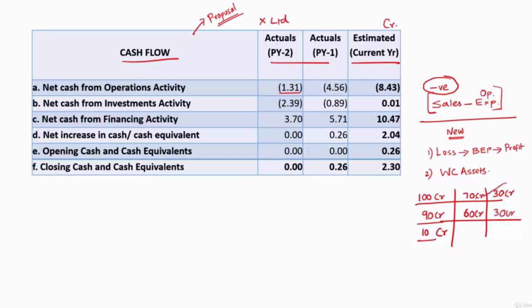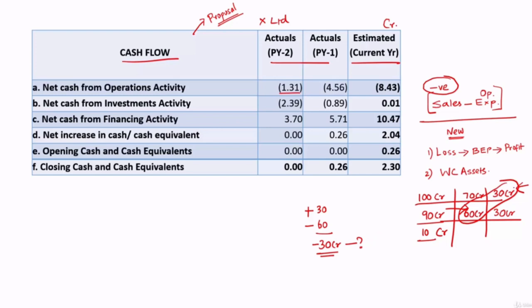But you have to see these two. This is the cash which had come in, and this is the cash which had gone out. So the cash that came in was 30 crore. The cash that went out was 60 crore. So what they have made from operations, they have actually ended up paying 30 crore without generating any money. So from where they paid this 30 crore, that's what you will get to know from the cash flow statement.